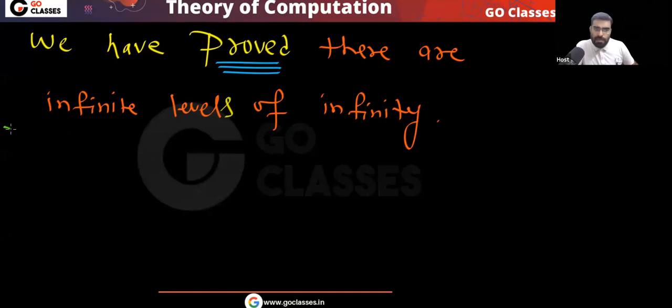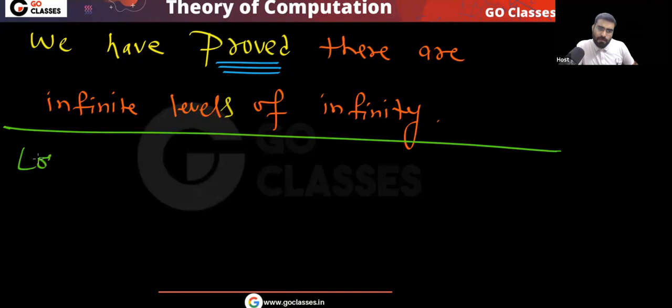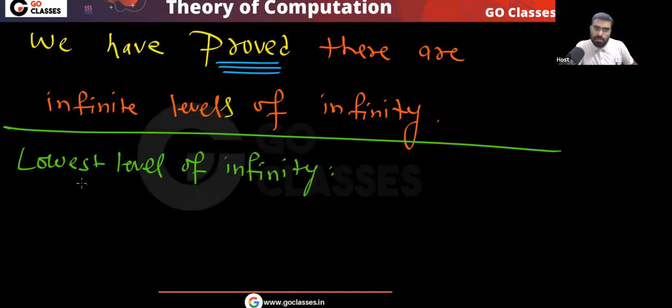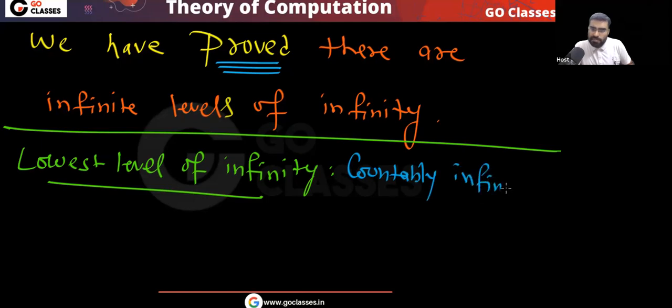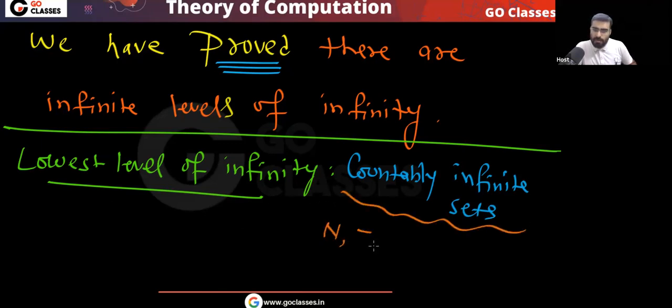And what is the lowest level of infinity? The lowest level of infinity is countably infinite sets, like the set of natural numbers, the set of integers, the set of rational numbers, like sigma star, like N cross N. This is your lowest level of infinity.